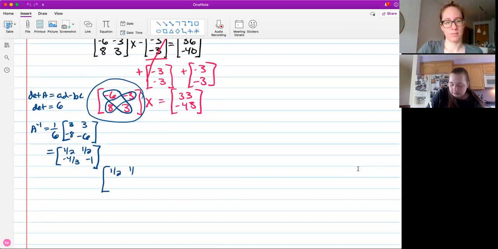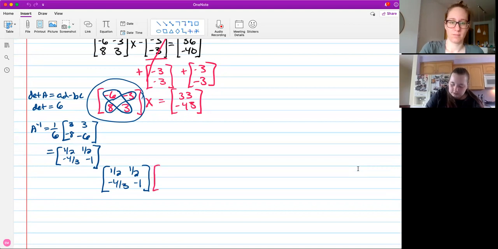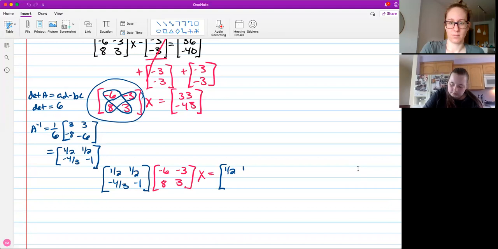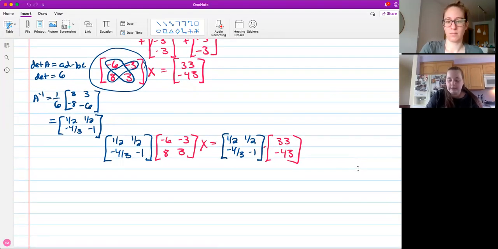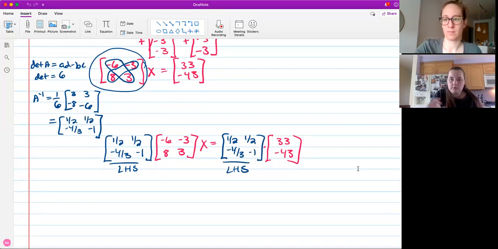So we have 1/2, 1/2, -4/3, -1, and then we have our other matrix, -6, -3, 8, 3, X equals, and we have our inverse matrix, 1/2, 1/2, -4/3, -1, and 33 and -43, and that's multiplied together. So remember, this has to be on the same side. If you see here, this matrix is on the left-hand side, and so is this one. So keep that straight.